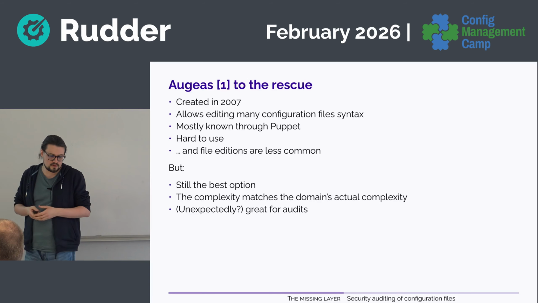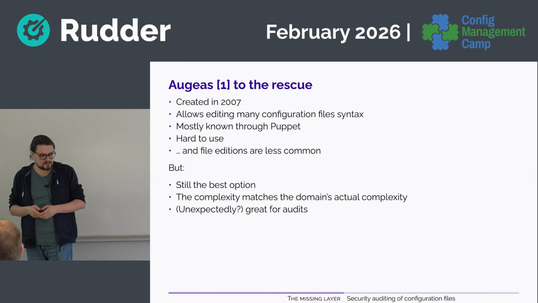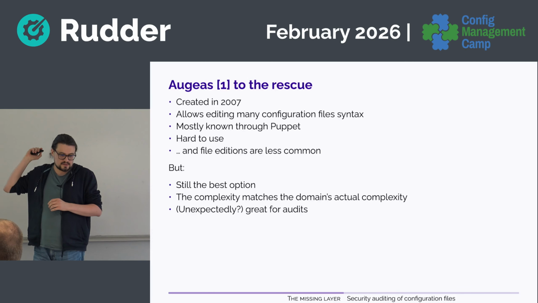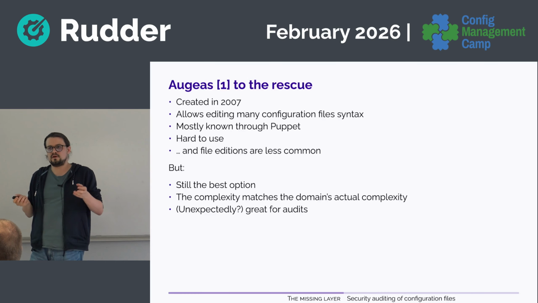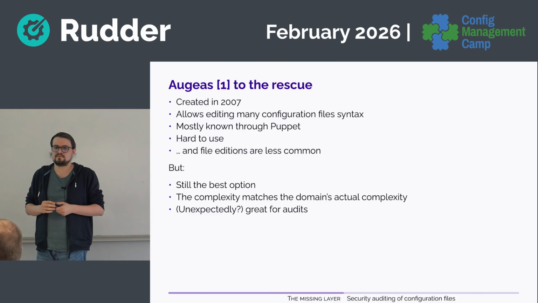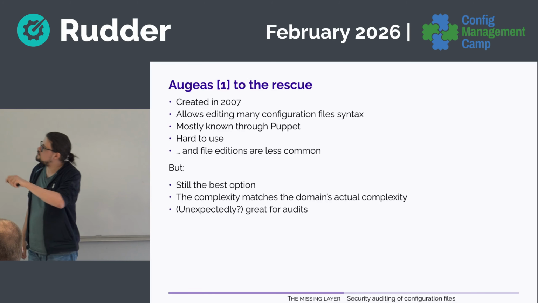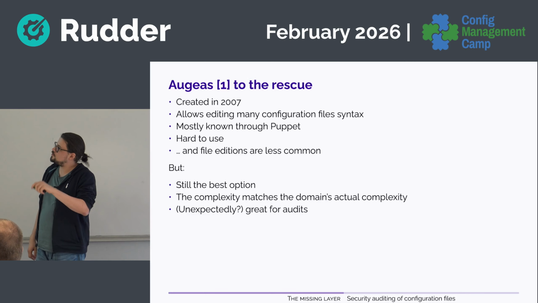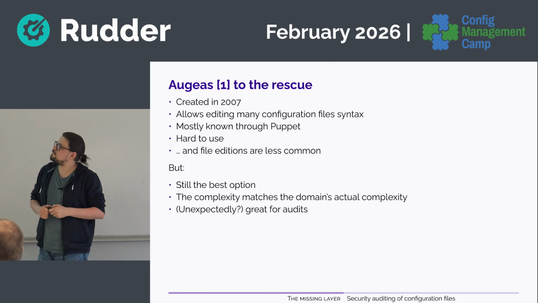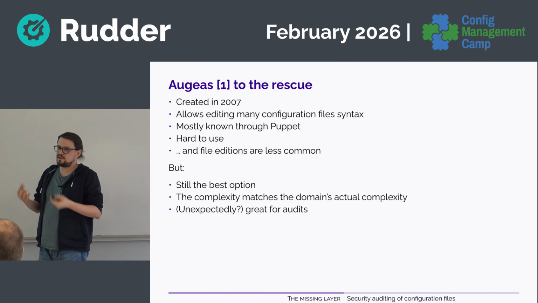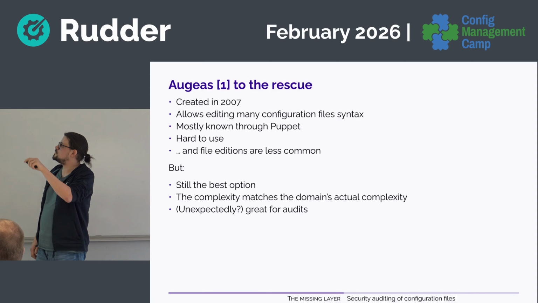And it knows a lot of Linux configuration file formats already. So that's the basics. Why is it good? It's based on what are called lenses, which are a programming language concept that describes bidirectional transformations. Here that's a generic representation, but you can imagine the file system on the left. So here you have the file on the file system, and Augeas will be able to read it and display it in another format, which is here our view.